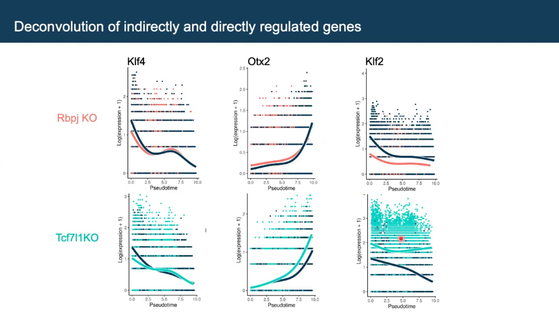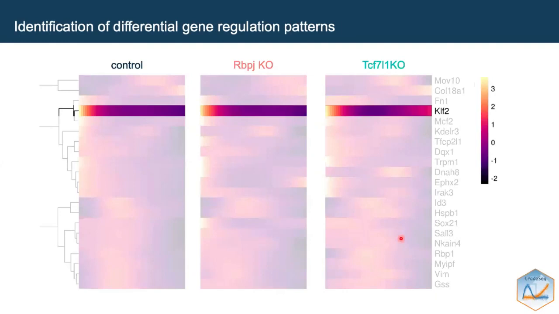Now, we can also take it to the next step and take it away from cells and take it really to a function of gene regulation in pseudo-time. And I really have to say the TradeSeq package and the newer developments of this package were fundamental in doing this kind of analysis. So what I'm showing now are not cells anymore, but really positions in pseudo-time. And what you can see for the control cells and for the RBPJ knockout cells is that they show the downregulation we expect.